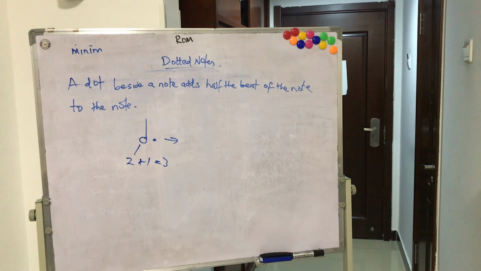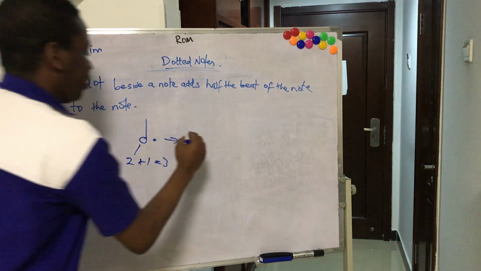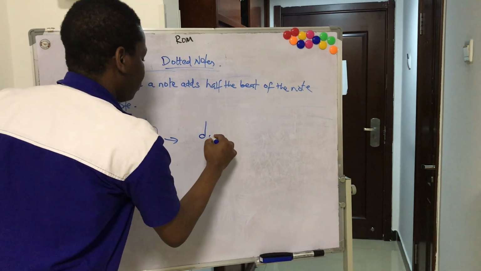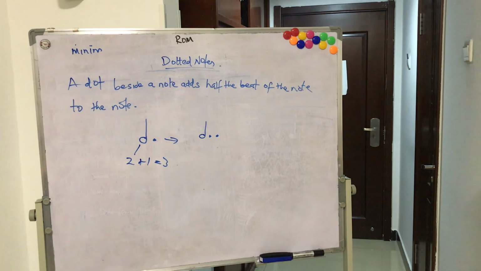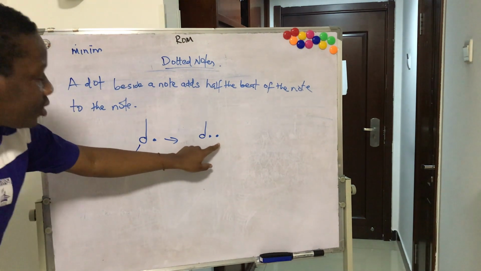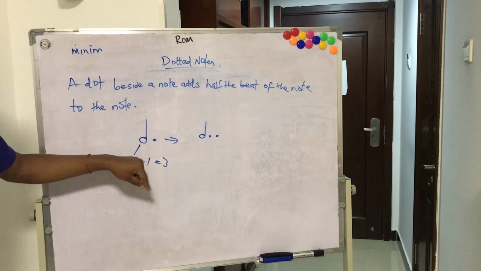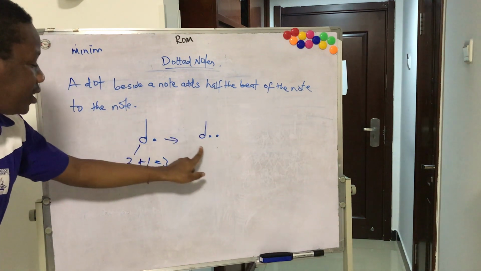Okay, now let's go more advanced. What about this? The dot is not always going to be 1. Take note. The dot is half of the note beside it.